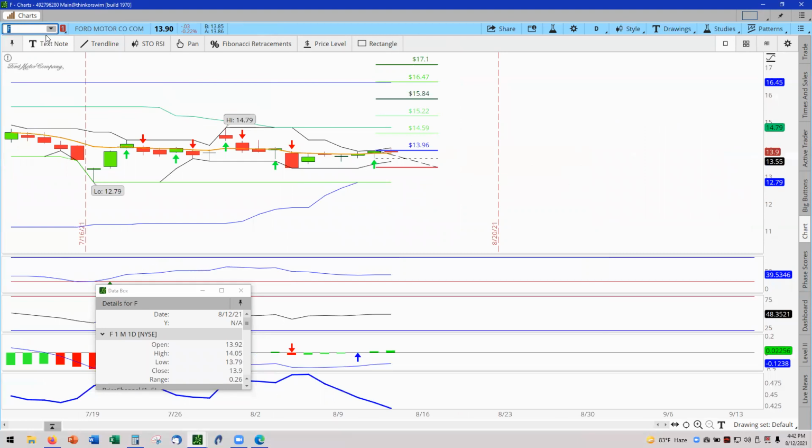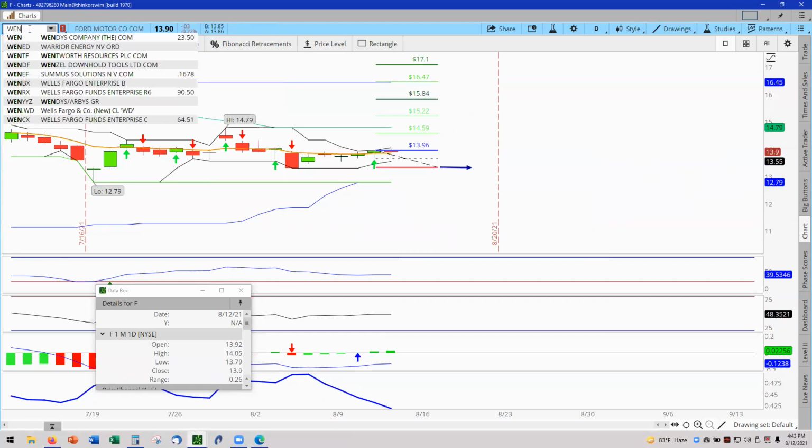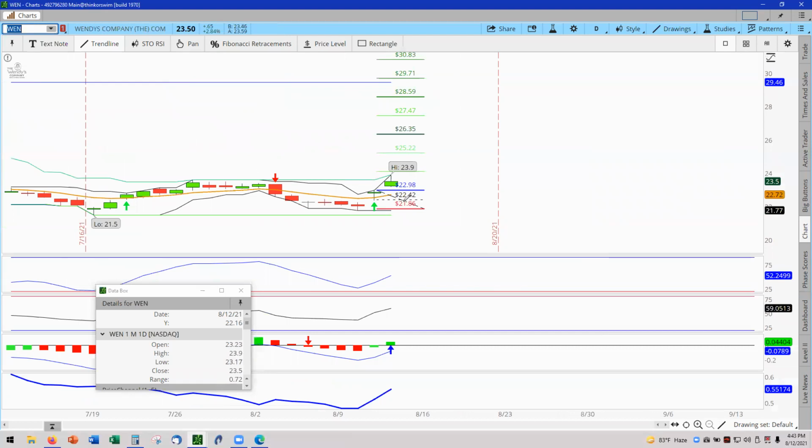Ford is also still in this initial. I'll go ahead and put the line down here. Makes it a lot faster to spot when you need to spot it quickly. Okay, then I think it's Wendy's, WEN, yes it is. And it's cleared its first ratio, so now its stop is here at EPS. It's cleared the gantry.